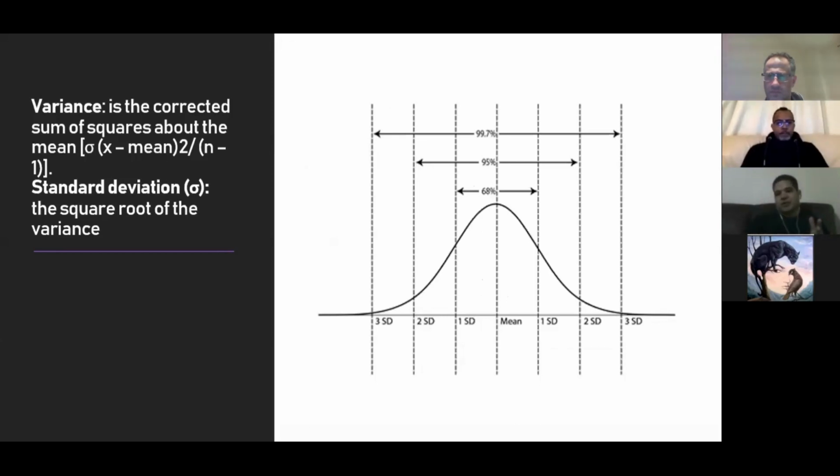One standard deviation covers about 68% of your data, 2 cover 95% of your data, and 3 standard deviations, as you can see here in the graph, cover about 99.7%. So 95% of your data lies within only 2 standard deviations, and that is very important because the next step will show the confidence interval.